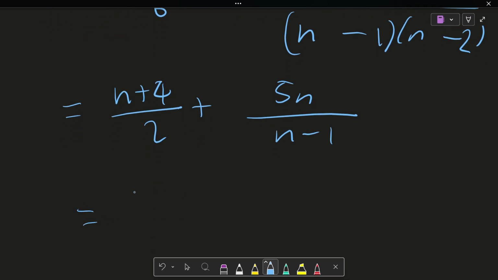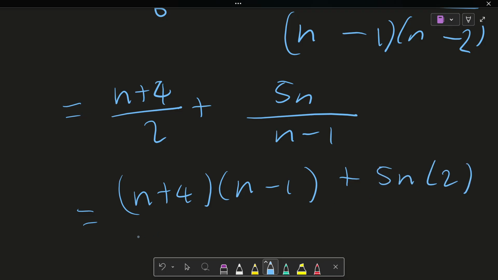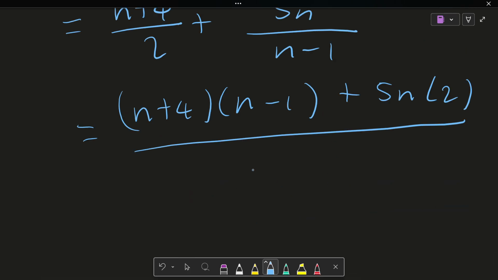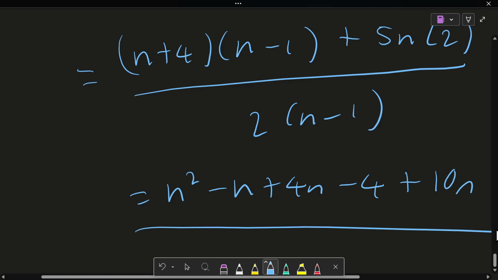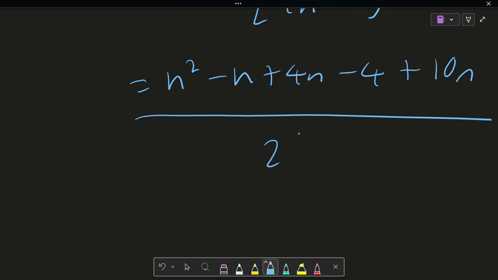So here will become n plus 4 multiplied by n minus 1, plus 5n multiplied by 2, all over 2 multiplied by n minus 1, which will give you n squared minus n plus 4n minus 4 plus 10n, all divided by 2 times n minus 1.